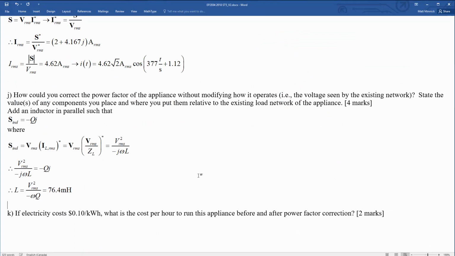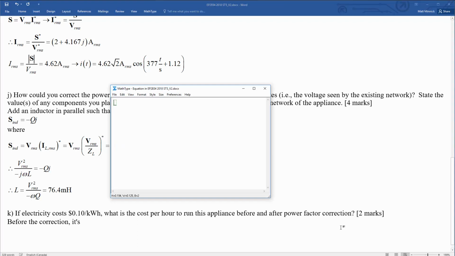Okay. And finally, if electricity costs 10 cents per kilowatt hour, what's the cost per hour to run this appliance before and after the power factor correction? So before the power factor correction, you always get billed based on the apparent power. Before the correction, it's the magnitude of S, so the apparent power, multiplied by this rate. So that would be 1e-4 dollars per watt.